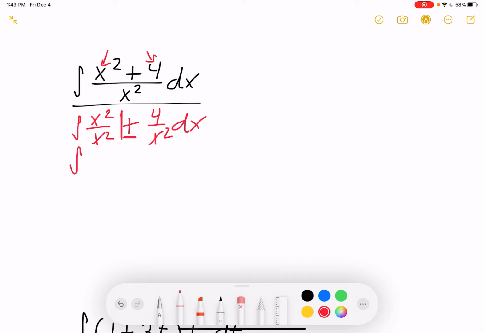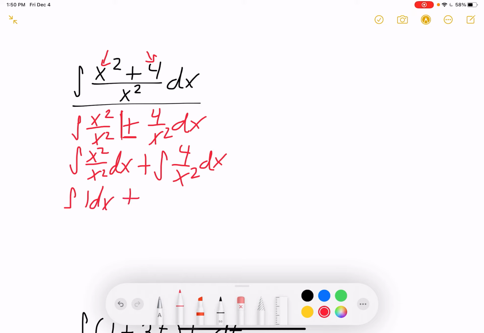So it becomes the integral of x squared over x squared dx plus the integral of 4 over x squared dx. Now with each of these, we can simplify them a little bit. This first one, anything divided by itself just becomes 1. So we're really looking at the integral of 1 dx.